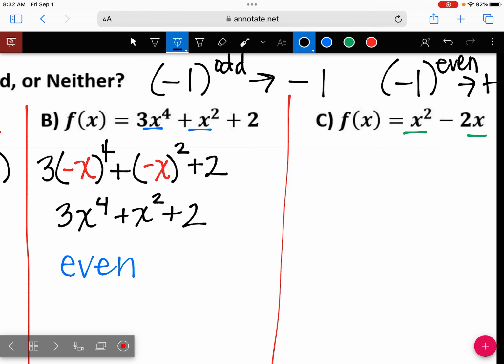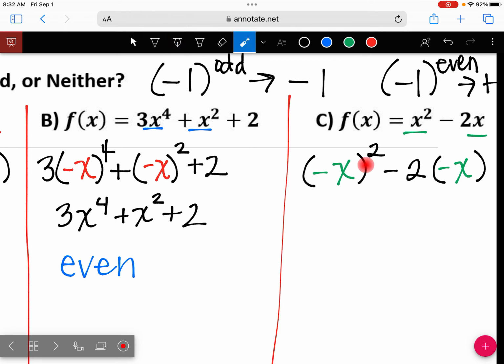And then for our last one, C, we have x squared minus 2 times x. So this first one, because that's 2, is this going to be positive or negative? Positive.